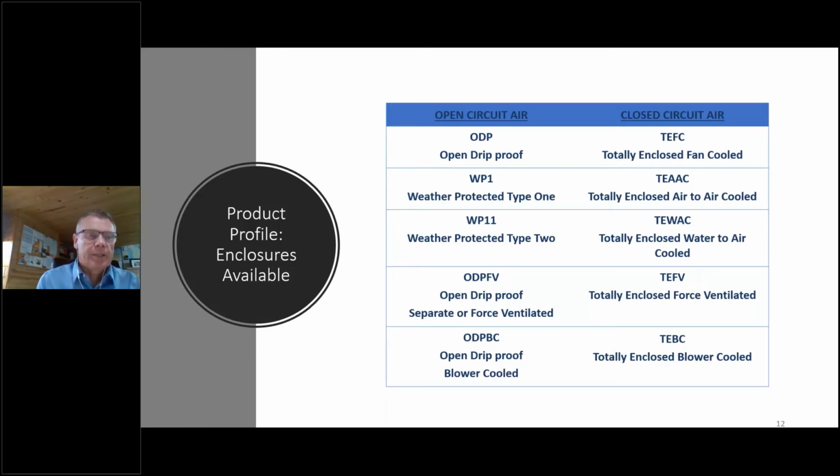An open motor, as part of its cooling, takes the ambient air, pulls it through the motor and exhausts it. So any particulates or contaminants will see the internals of the motor. I'm going to show you some other examples on the next few slides, but it doesn't mean they're bad. It just means that you may have some more maintenance and you may have some more contamination.